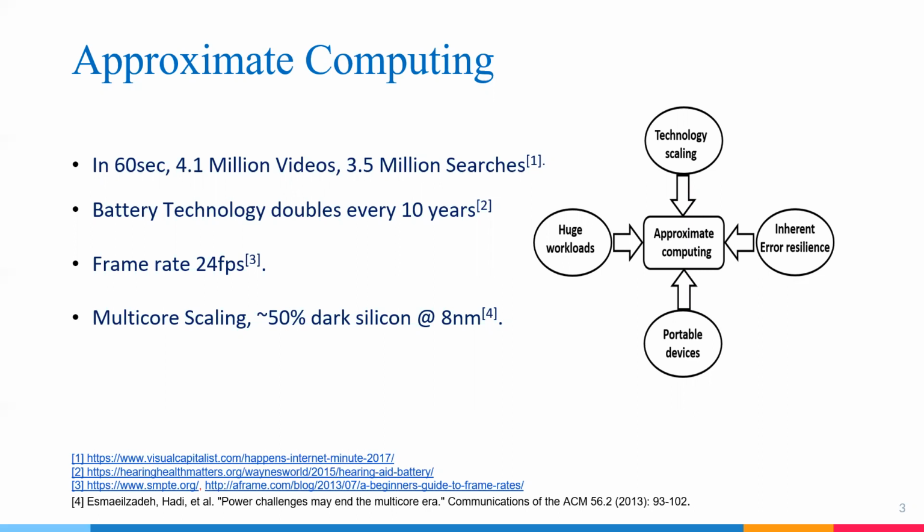If you look at most of the applications we use today, they have some level of error tolerance. For example, in image processing, signal processing and video processing applications, even if an error is present somewhere, it is not going to impact the output visual quality.